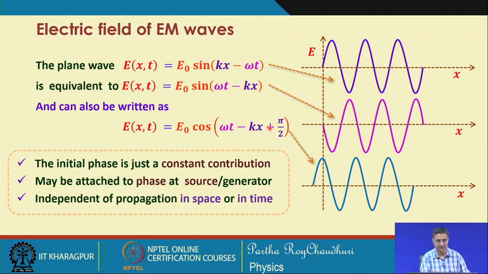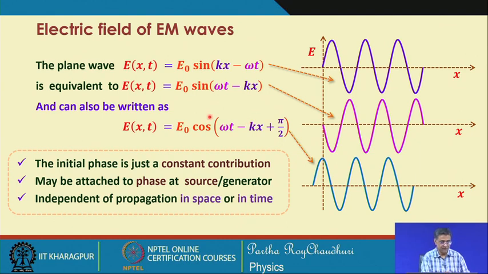But you can write this wave in terms of cosine, because you can translate sin omega t minus k x as E 0 cosine omega t minus k x plus pi by 2. In that case, it will also represent the same wave. So, these are the various ways of writing a plane wave, and this plane wave formulation is very useful almost everywhere in the branch of optics and photonics.